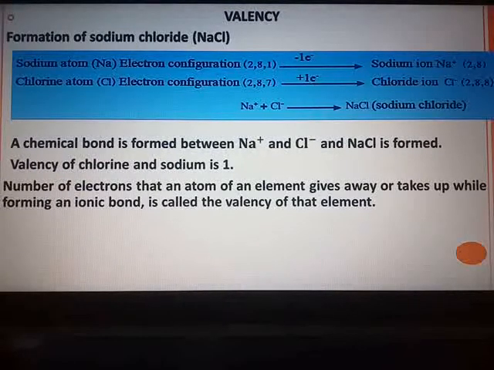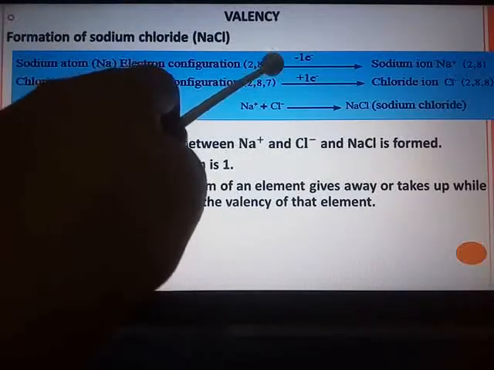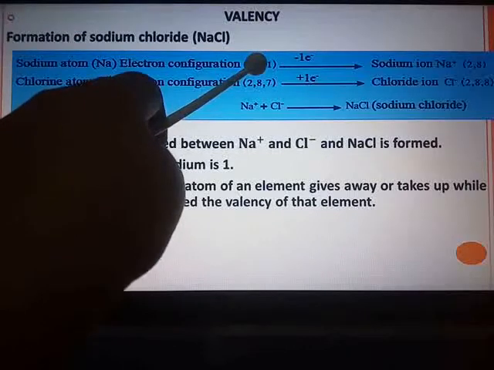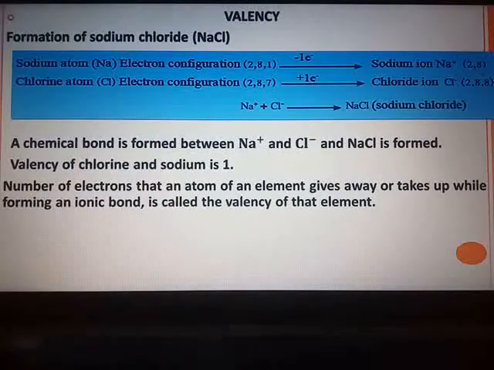Now when sodium and chlorine will come in contact with each other, what will happen? Sodium has to become stable. So this one electron is more with sodium. Sodium will give away this electron. So it will become stable with 2 and 8 electrons in the first and second shell.